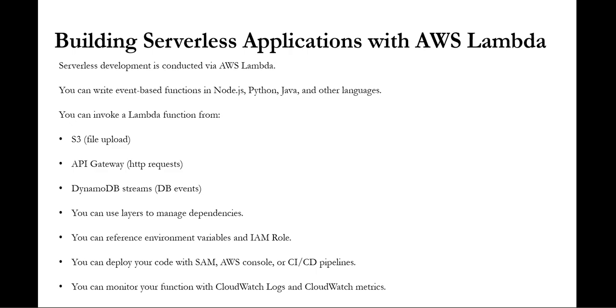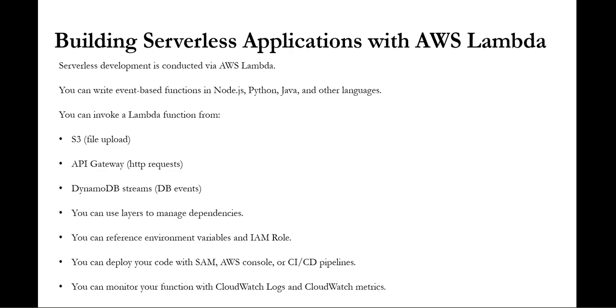And in this slide, we are going to learn about building serverless applications with AWS services, AWS Lambda. Serverless deployment is conducted via AWS Lambda. You can write event based functions in Node.js, Python, Java, or other languages. You can invoke a Lambda function from these.